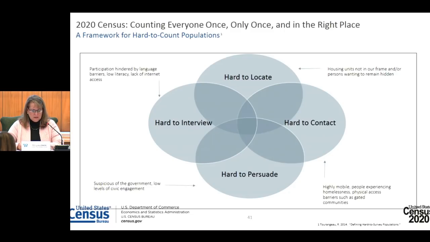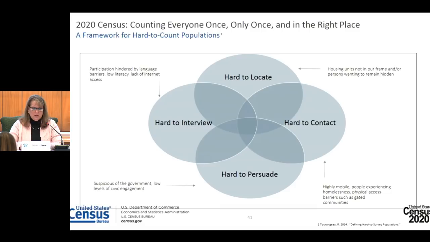The information depicted on this slide is based on the work of Roger Tarangio and built on by Nancy Bates and others. Tarangio defined the hard to count in 4 categories: hard to locate, hard to contact, hard to persuade, and hard to interview. The hard to locate can include housing units that we do not have in our frame or persons wanting to remain hidden. The hard to contact can include highly mobile populations, people experiencing homelessness, and populations with physical access barriers, such as gated communities.